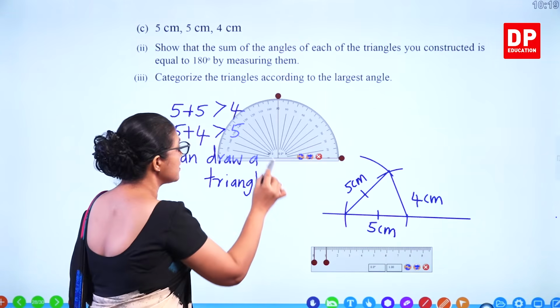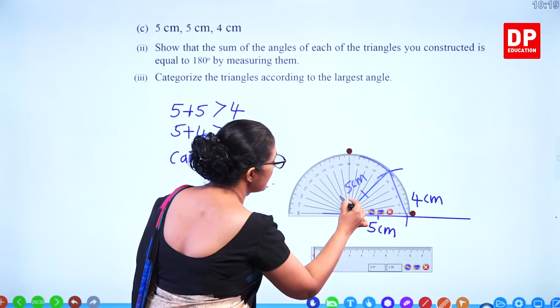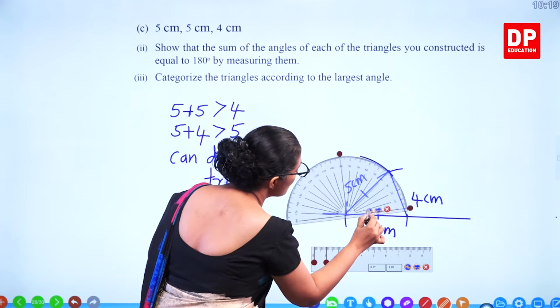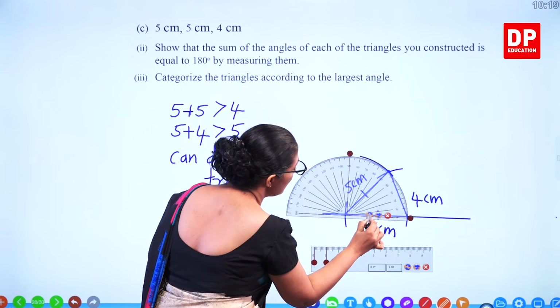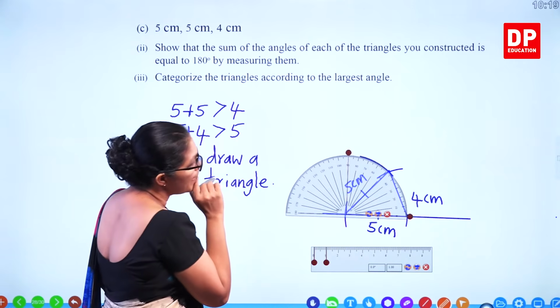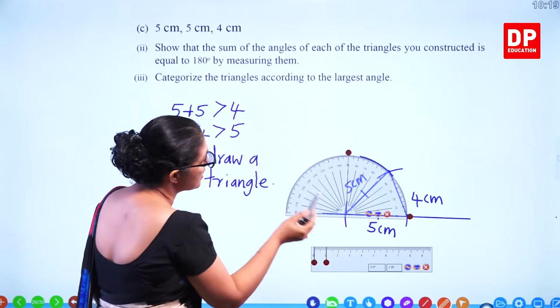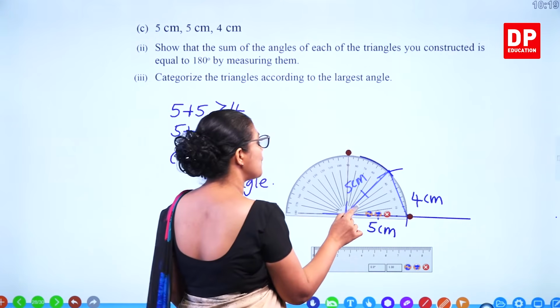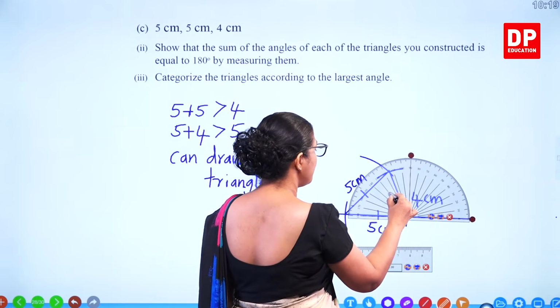Now we'll measure the angles. Using the protractor, we can measure the angle. So what's this angle? Keep it properly and measure the angle. So I see that's 50 degrees. This angle is 50. What about this one?